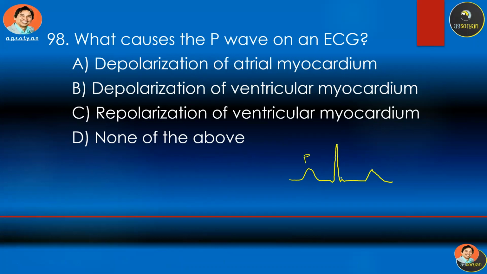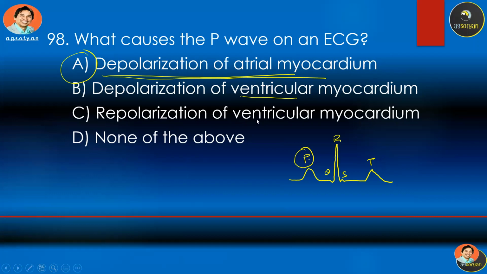So P, QRS, and T. P shows the depolarization of the atrium. The QRS shows the depolarization of the ventricles. And the T shows the repolarization of the ventricles. So the P is depolarization of the atrium.